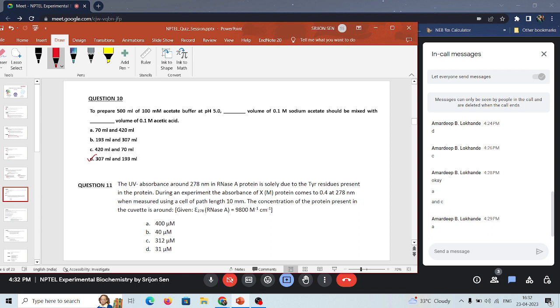Now you have to just calculate. The absorbance has also been given, 0.4. So now tell me what is the concentration of the protein present in the cuvette. All the values are given, only one entity you have to find out. What is the answer?